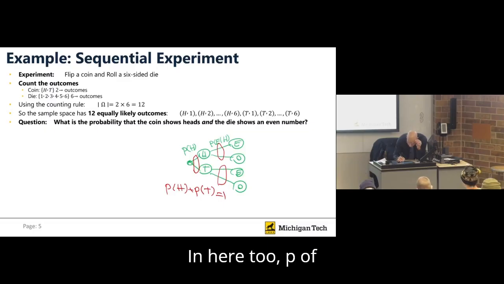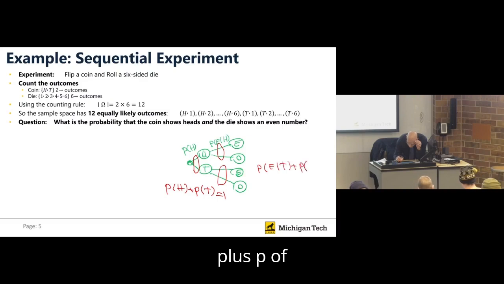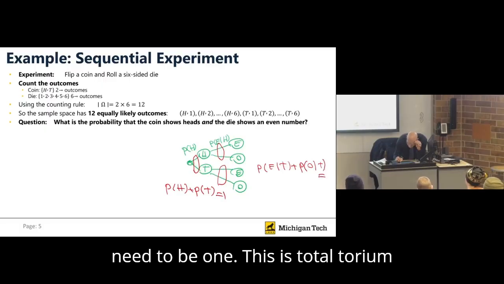In here too, P of even, if the first is tail, plus P of odd and tail needs to be 1.